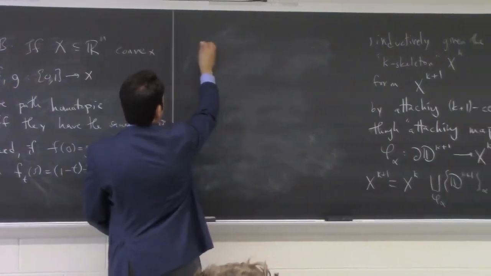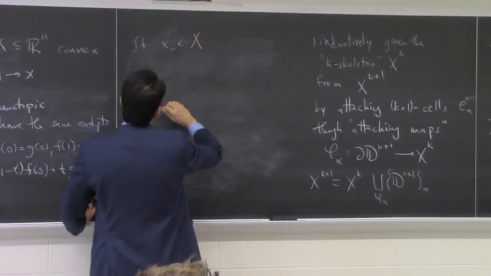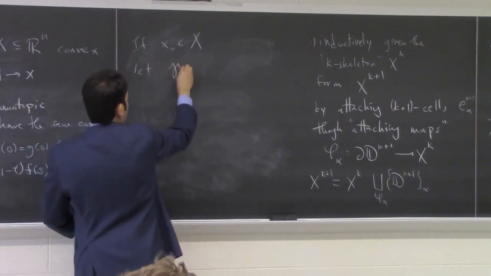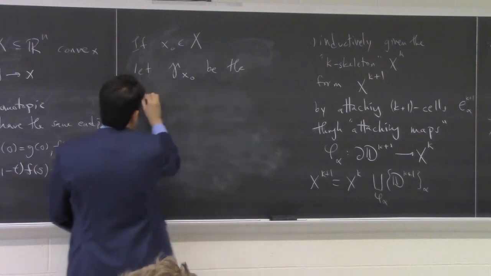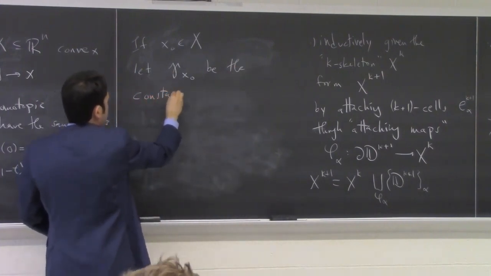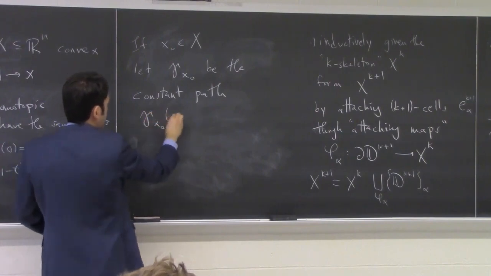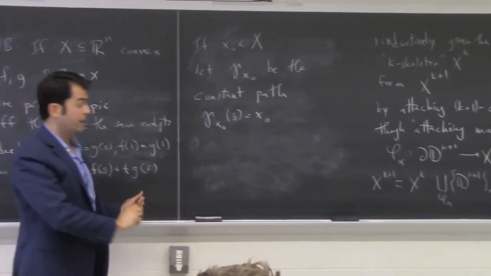Okay, some more notation. If you give me any point x naught in X, then let's denote by gamma x naught the constant path, that just stays there.